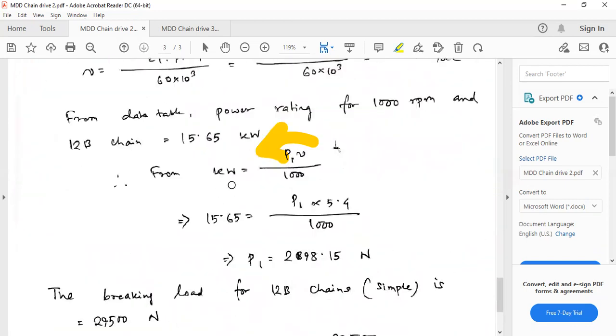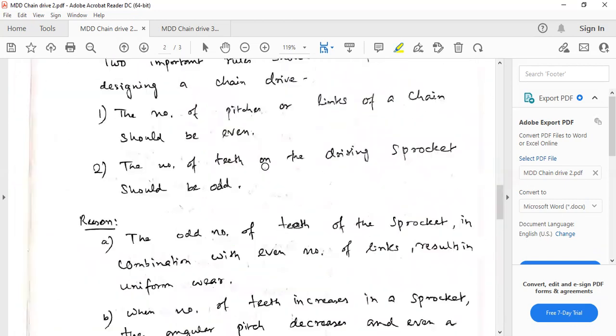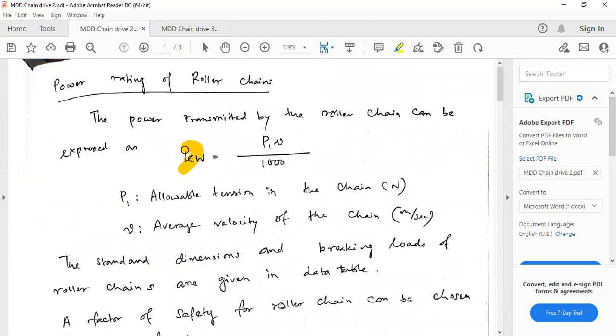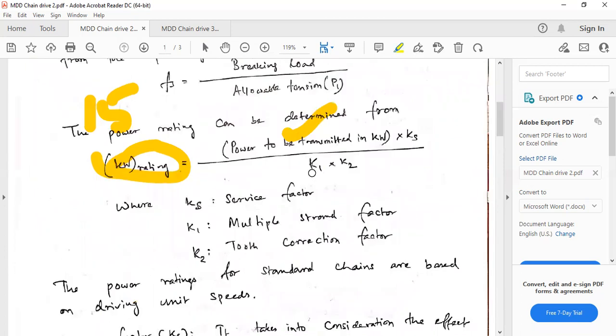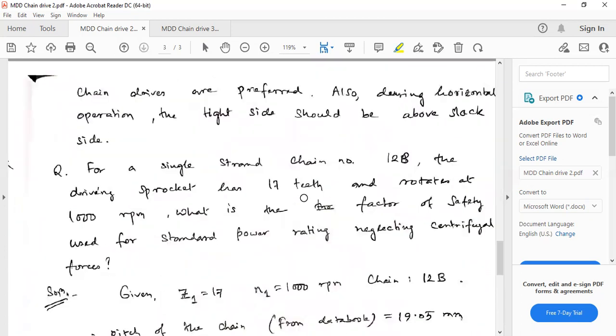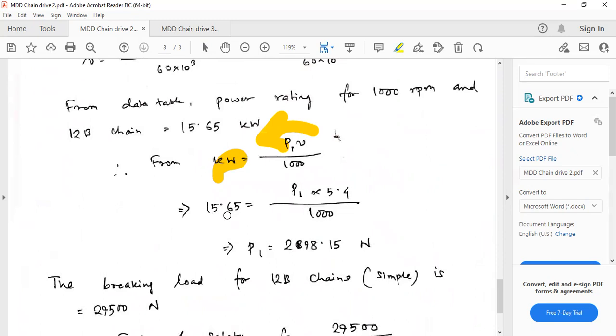This is power to be transmitted in kilowatt because we have used the previous expression here. Power to be transmitted equals P1 V by 1000. So power rating is equal to power to be transmitted, which we got as 15.6. Put it here, this is in kilowatt.